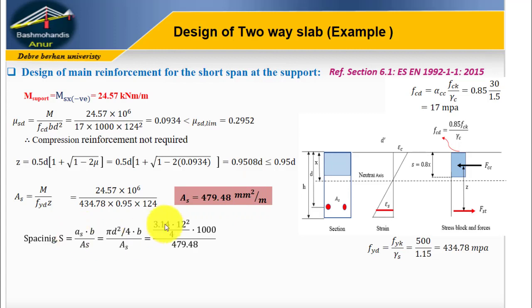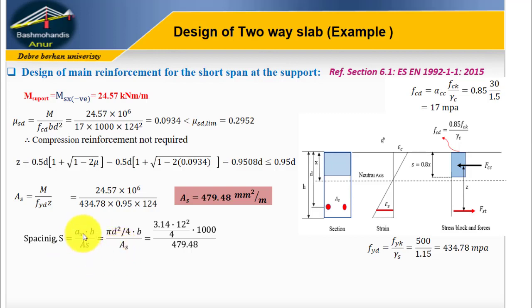Okay, therefore if we calculate As, simply we can calculate spacing. The formula for spacing is s equals small as times b divided by capital As.